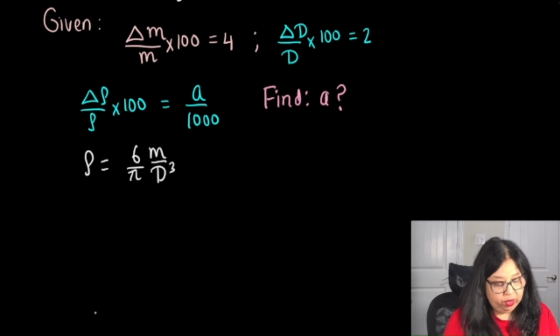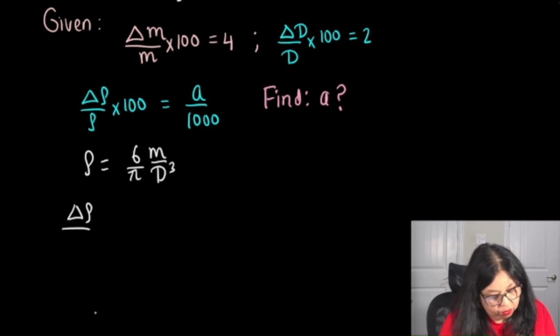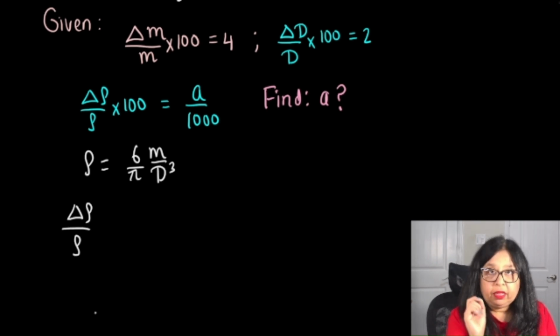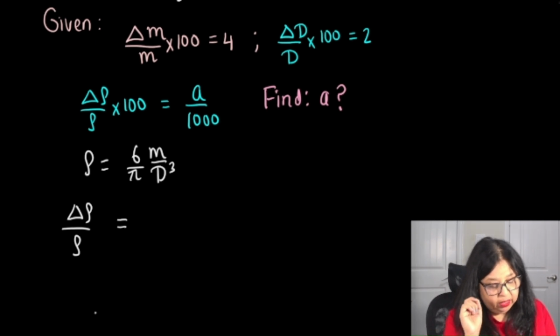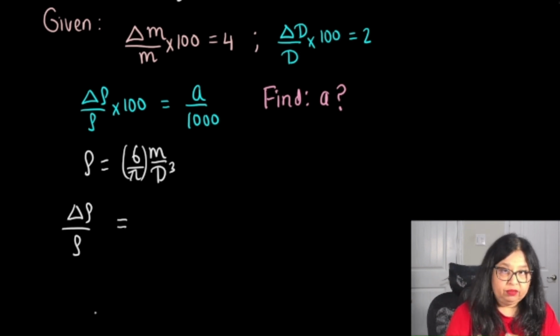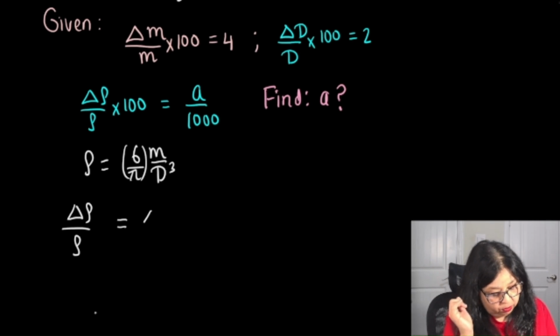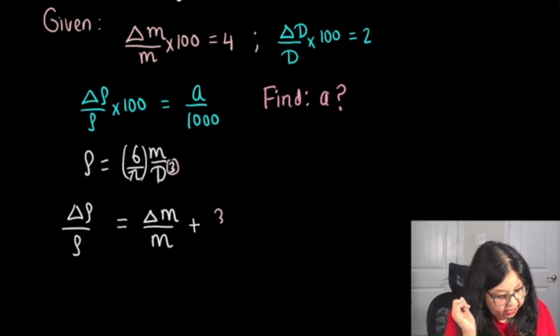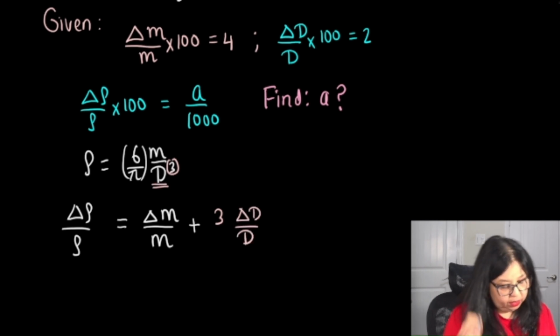When we do so, what do we get? Delta rho over rho, which is the relative error in the density, equals 6 divided by pi. This is a constant, and a constant does not have any uncertainty, so totally disregard it when writing down the uncertainty of the density. This m though, we're going to write down as relative error, plus, now comes this 3 as the coefficient, times the relative error in d.